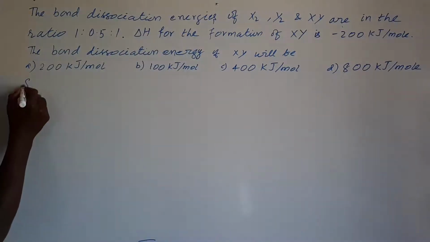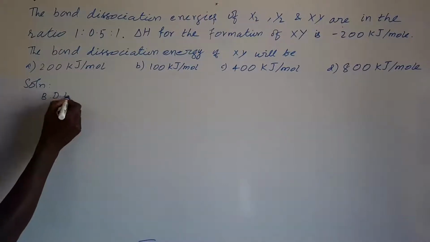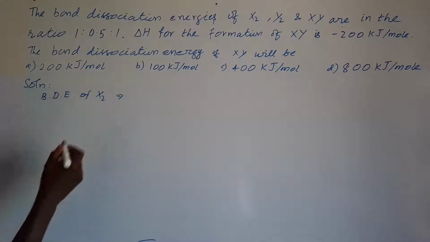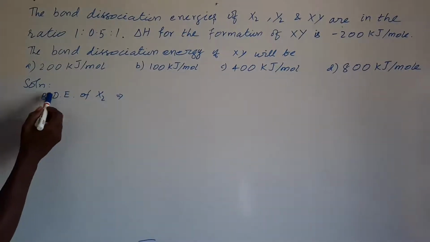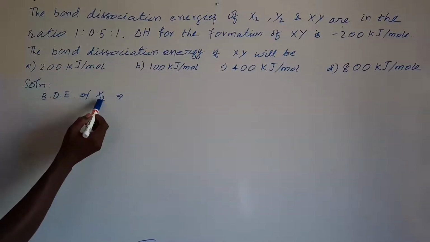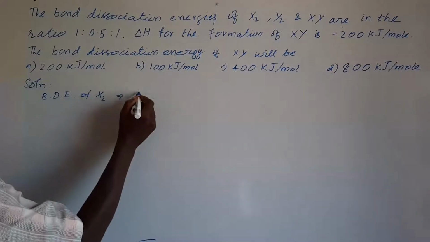Now we will see bond dissociation energy of X2. Bond dissociation, bond is breaking. So which bond is breaking? Bond present in X2 is breaking. So X2 we will take.